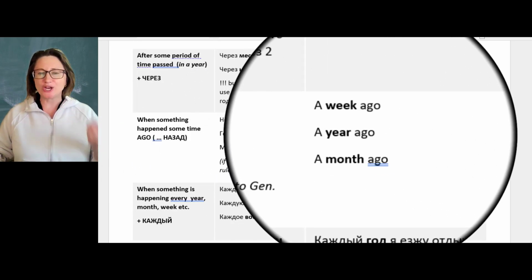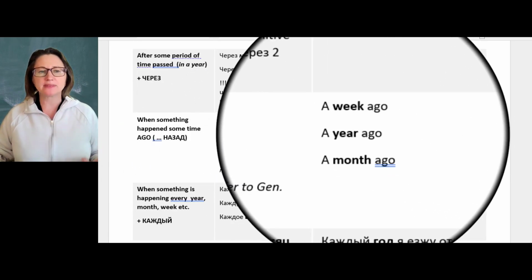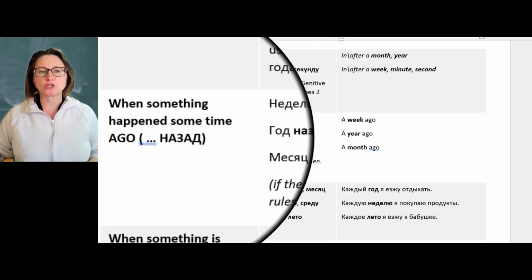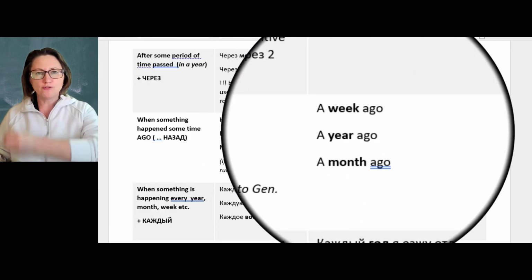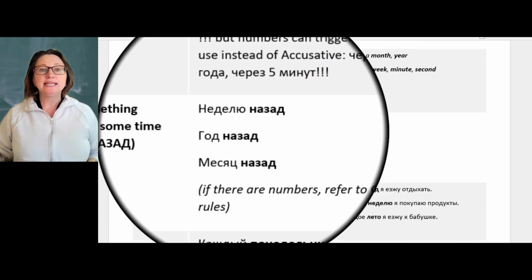And then to say ago, like a week ago, a year ago, a month ago, we will be using the word назад, which literally means back or backwards. Just like in English, where ago follows the time reference, in Russian, the word назад also follows the time reference, and it's an adverb that we put behind the time expression in accusative.